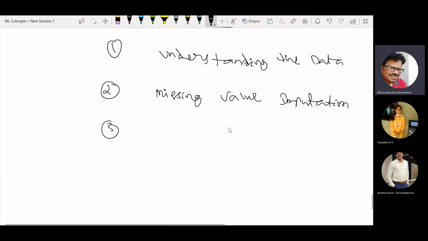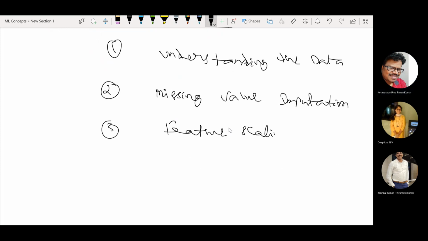Another thing, guys, here: feature scaling, and thereafter encoding.